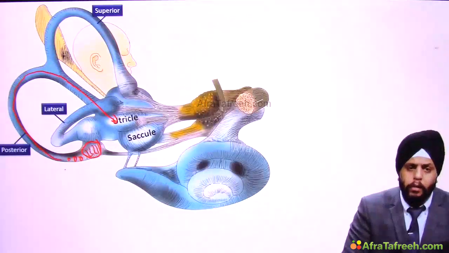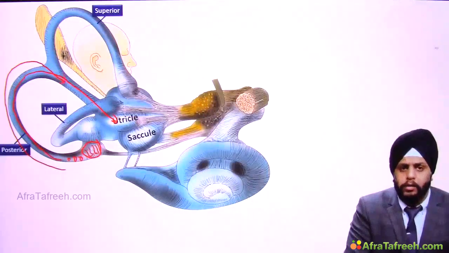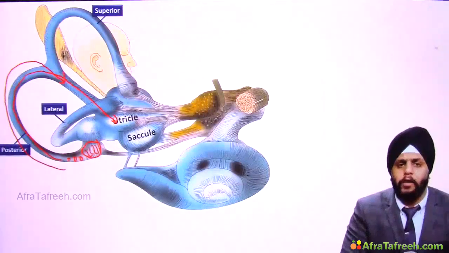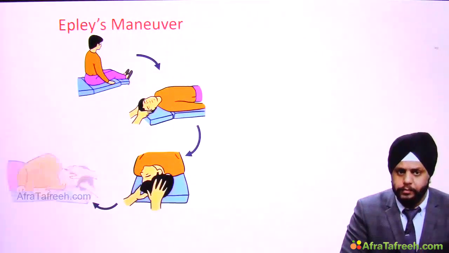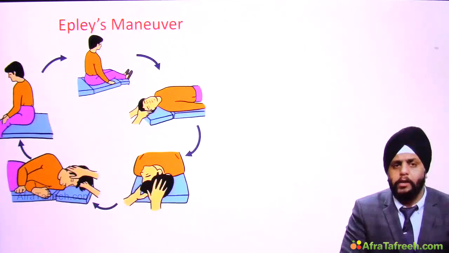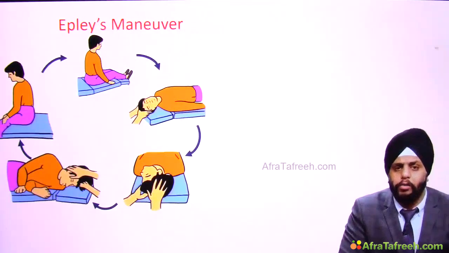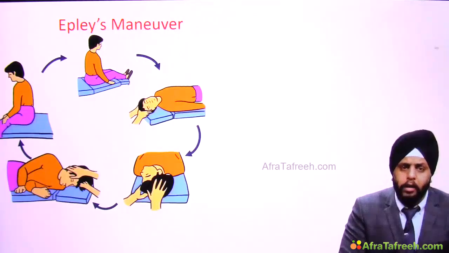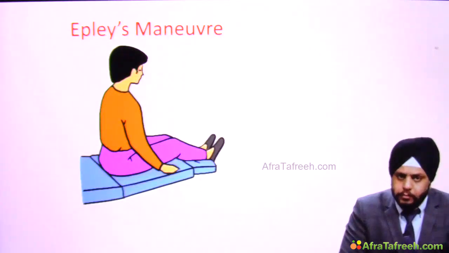Moving them across this pathway is done by a series of head movements known as Epley's maneuver. It's a series of head movements to reposition the otoconia back into the utricle and saccule. All right, let's study this Epley's maneuver. What do we do in Epley's maneuver?